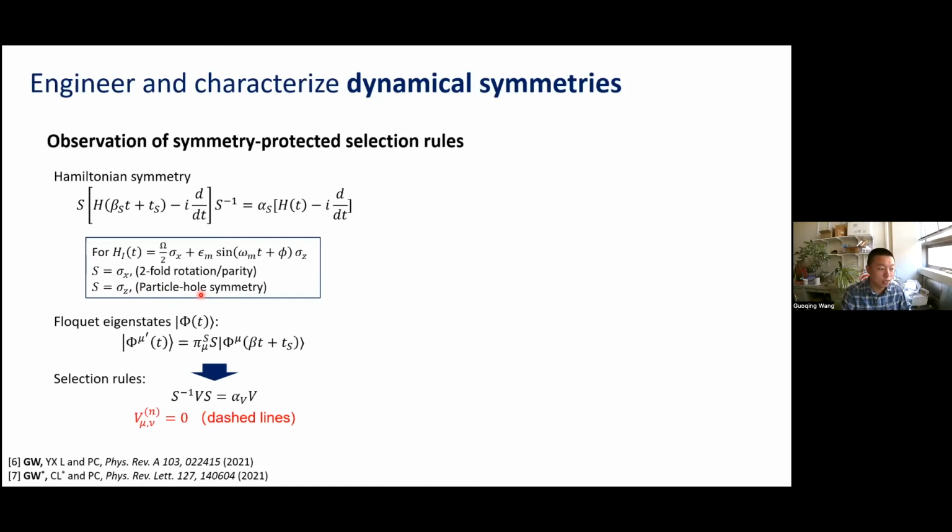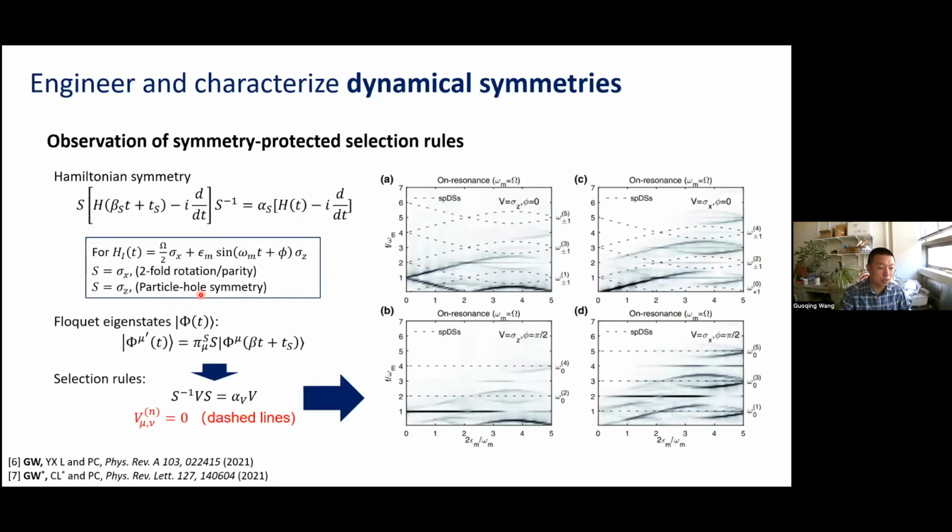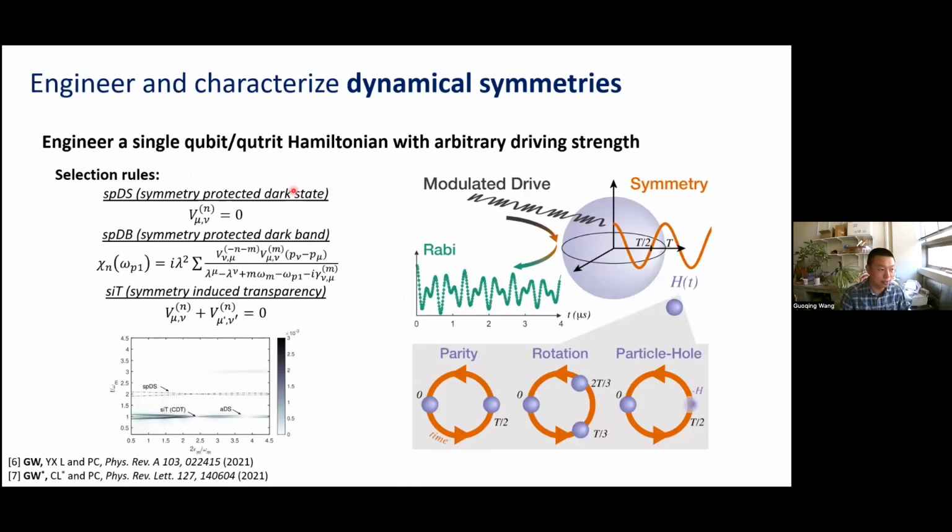If we look at the experiment, measuring the Fourier spectra as a function of this modulation strength epsilon m, we can see that all of these vanishing intensities correspond to the dashed line, which is theoretically predicted by the symmetry prediction. We call this vanishing condition the symmetry protected selection rules, or symmetry protected dark state.